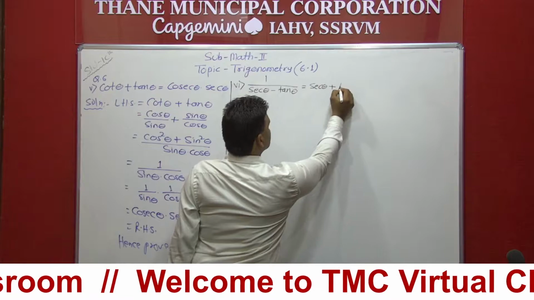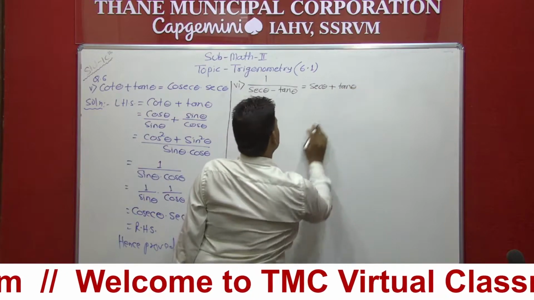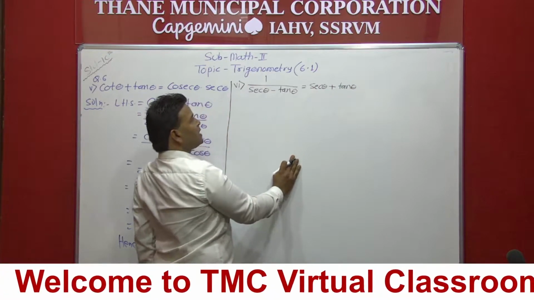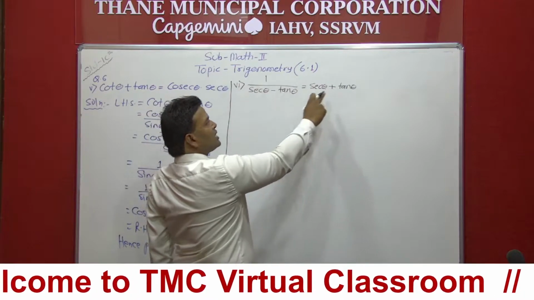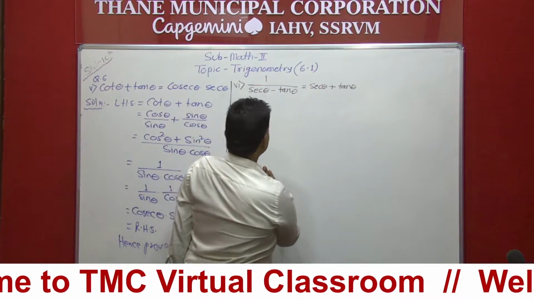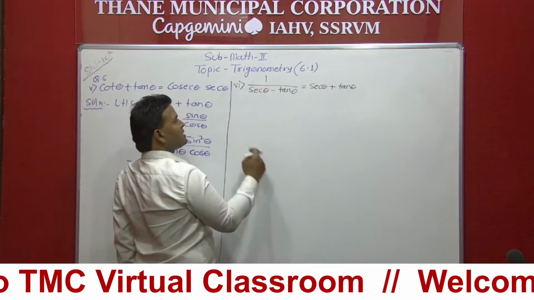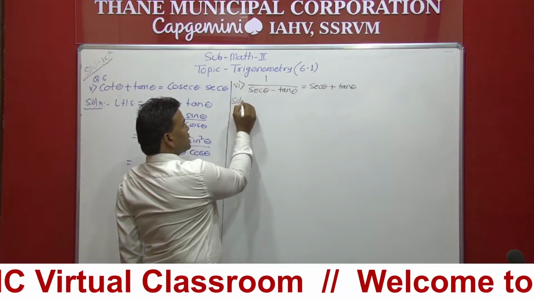Here in this question, this is our left hand side and this one is our right hand side. I will start from the left hand side. Let us see the solution.